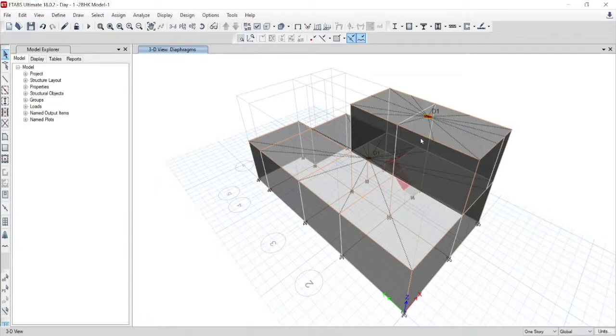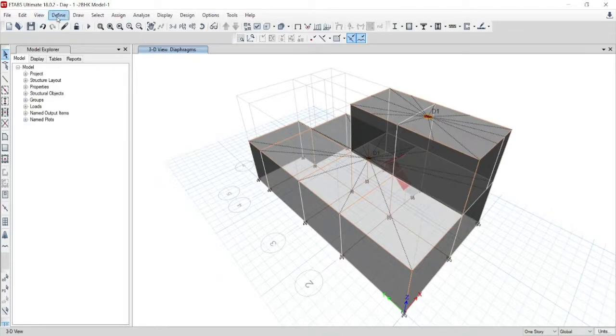So if you are taking this, you will be getting center of mass. So earthquake force will be applied plus 5% of this, minus 5% of this, and exactly the earthquake load will be acting at this center of mass. Like the same way, the earthquake force will be acting exactly at the center, plus 0.05% and minus 0.05%, and it will show the result.